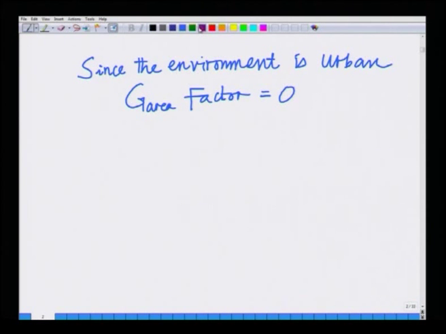Hence, we now have all the components to compute the 50th percentile path loss.